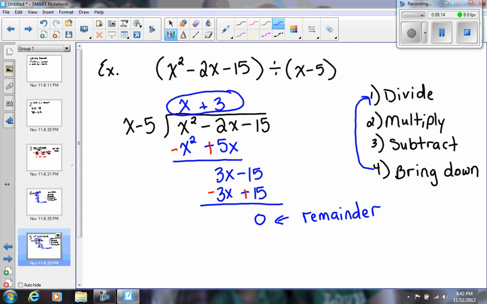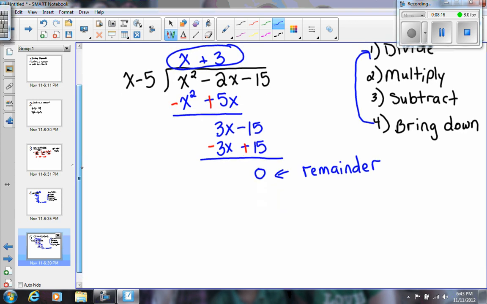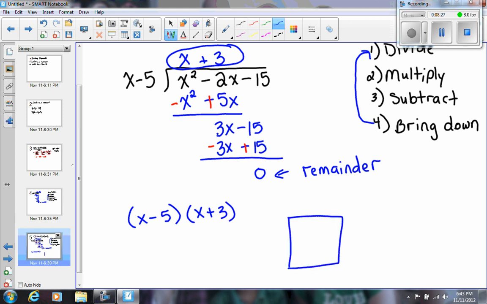is x plus 3. Now I can check my answer, because if I multiply x minus 5 times x plus 3, I can put that in a box. X minus 5 times x plus 3, and we get x squared minus 5x plus 3x minus 15.